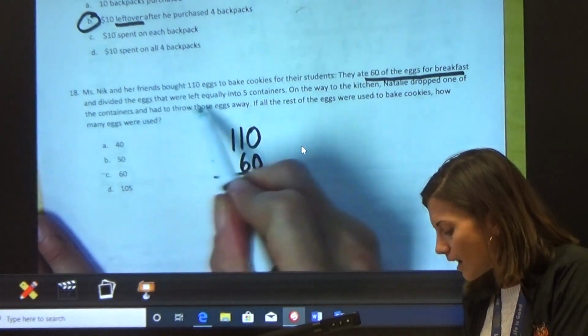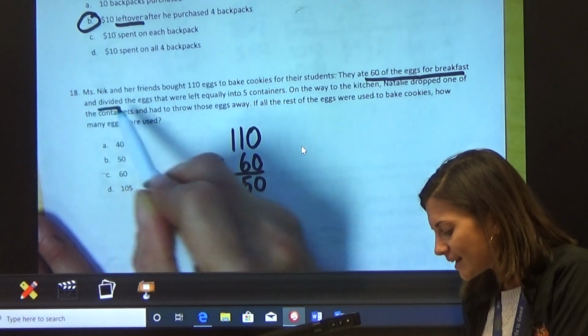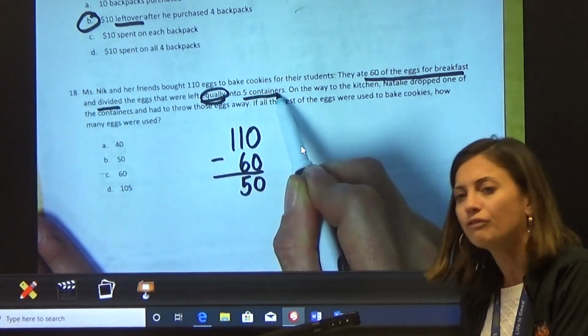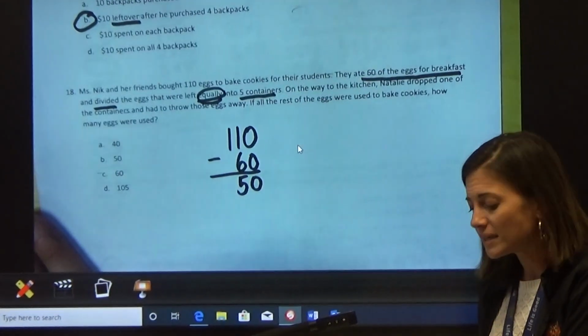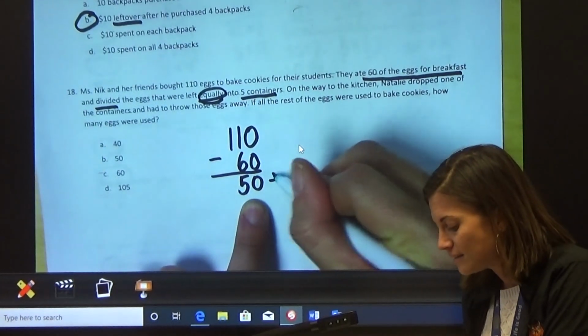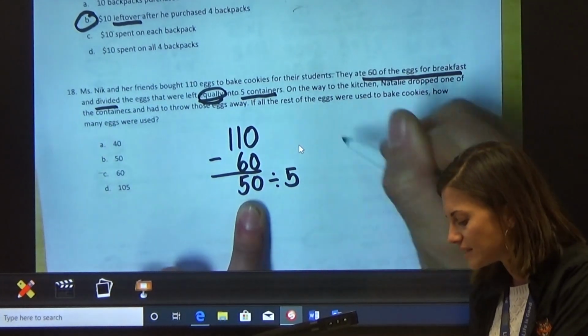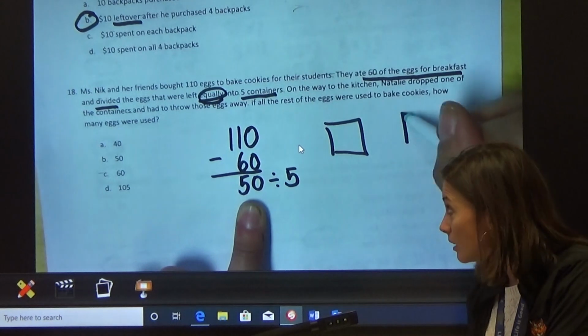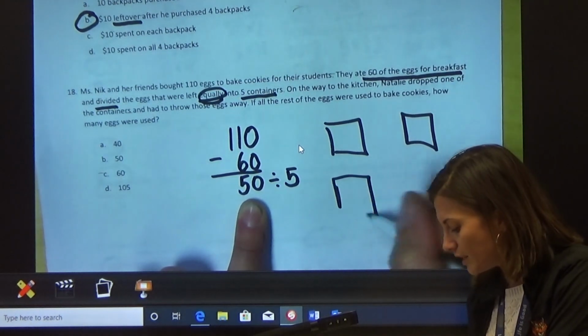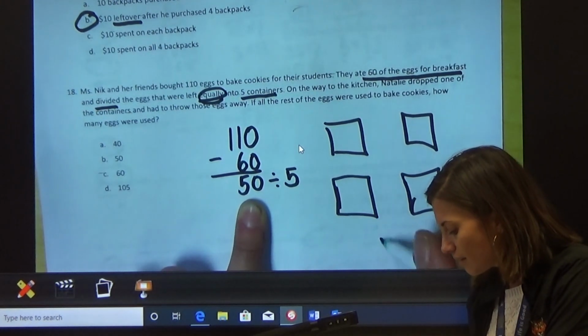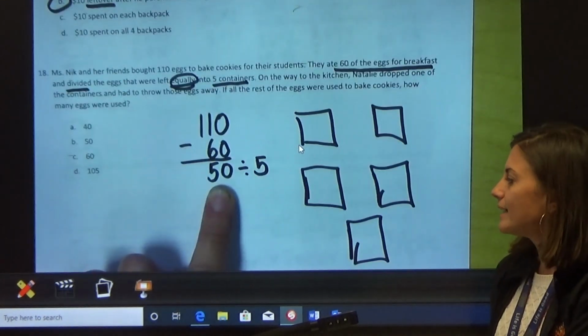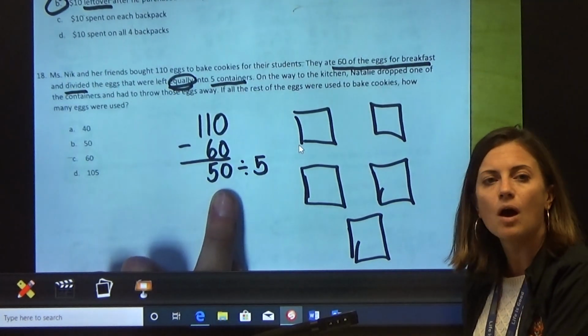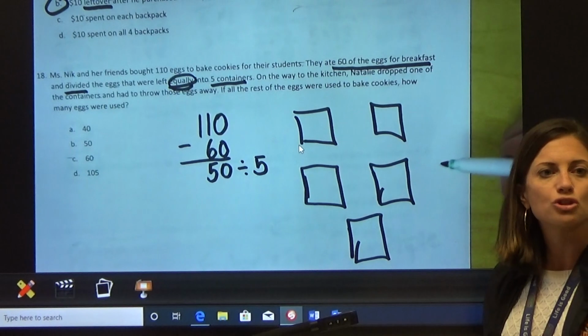Then we are going to divide the eggs equally into 5 containers. So that means I'm going to divide my 50 eggs into 5 containers. 1, 2, 3, 4, 5. If I'm dividing 50 by 5, how many eggs are going in each container?